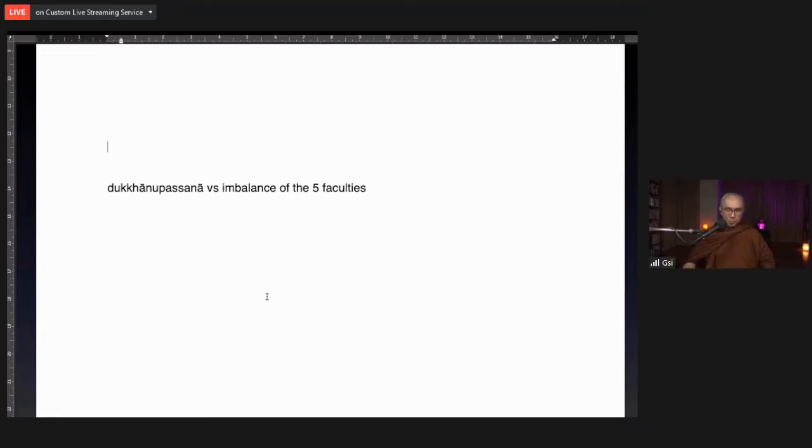Now, when we are talking about Dukkhānupassanā, it means that your mindfulness, your noting mind, your concentration, your faculties, in other words the nature of the noting mind itself, are at the optimum level. So at the optimum level, you can see all the dukkha, painful sensation, and so on.